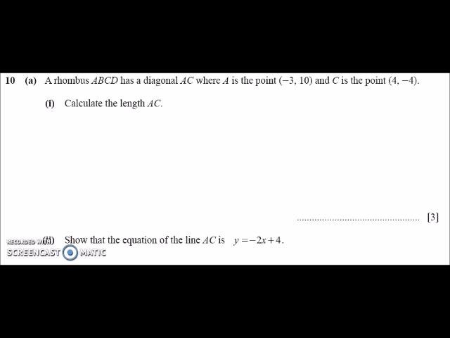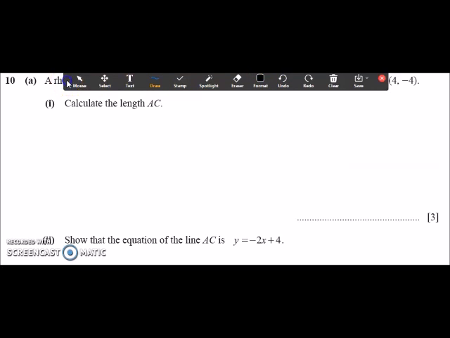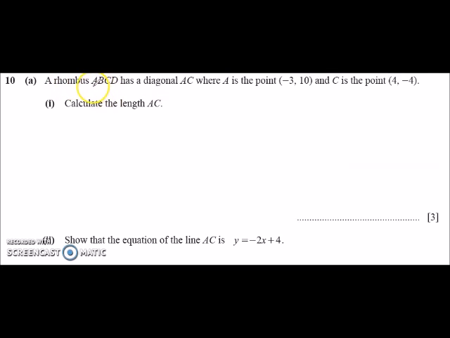Okay, this is the last question for this video. If you notice, there's a rhombus here, ABCD, with a diagonal. So a rhombus is this kind of shape, and all the sides are the same.